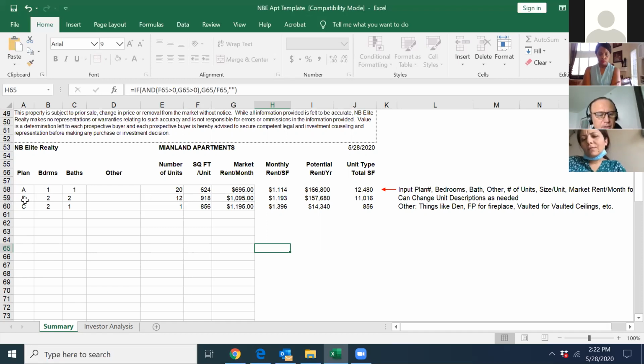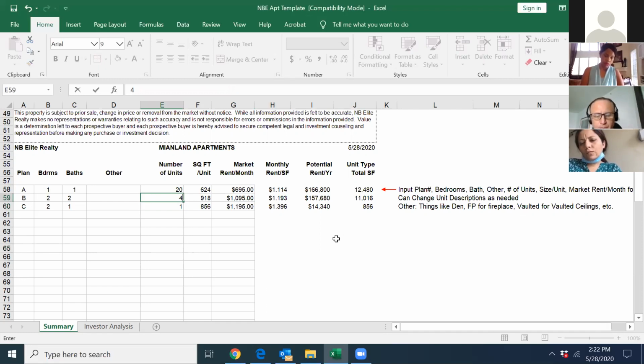You see the floor plan B? We used to have 4 2-bedroom units, and we were renting for $1,095. We're changing that. So from 4 units, we're going to remodel the apartments. From one 2-bedroom apartment, we're going to make 3 rooms.